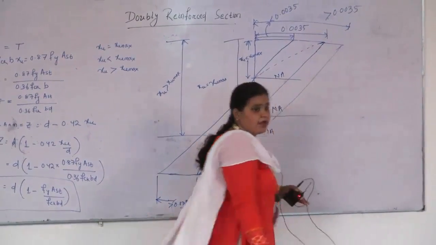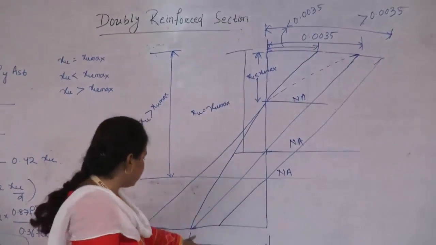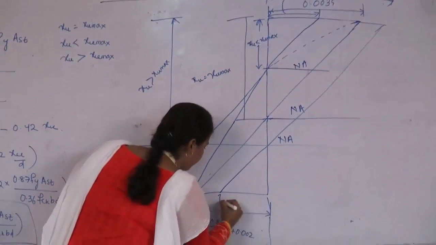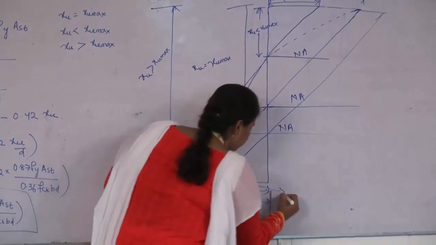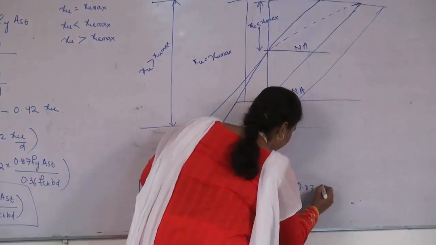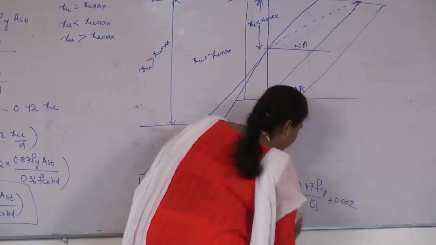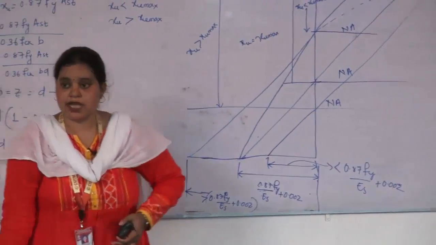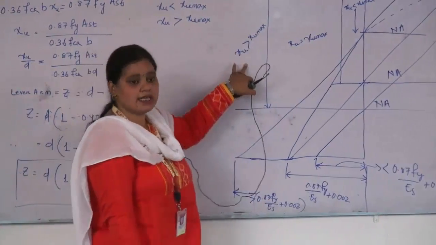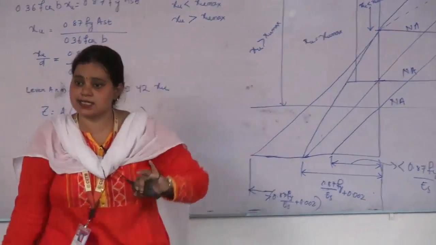It is impossible. And this is less than 0.87 Fy by Es plus 0.002, which is not possible. That's why in this condition, we have to redesign the section.